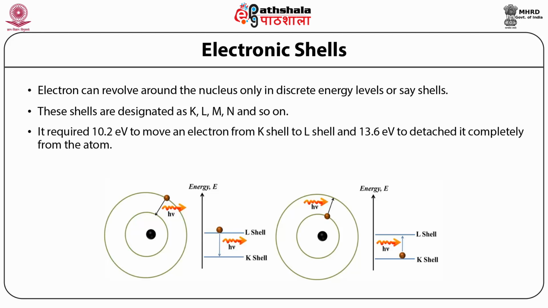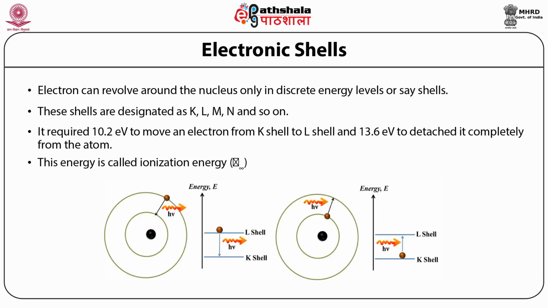In order to move from the K shell to the L shell, the electron requires 10.2 electron volts of energy, and in order to detach it completely from the atom, it requires 13.6 electron volts of energy.